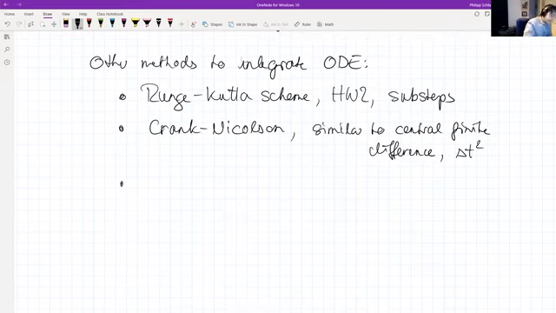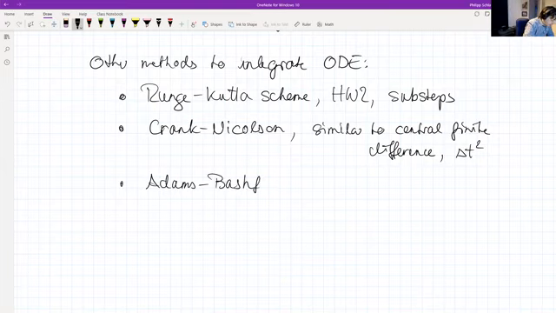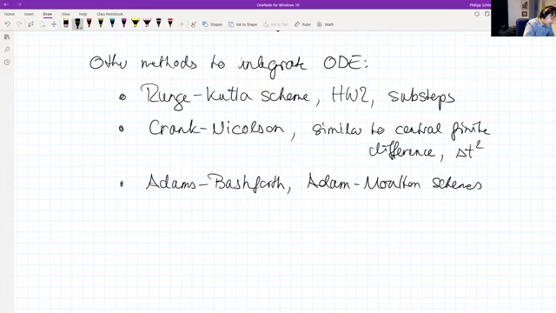And then there are also schemes that we will look at a bit later on. That is the Adams-Bashforth scheme, or the Adams-Moulton scheme. These are so-called multi-step schemes.